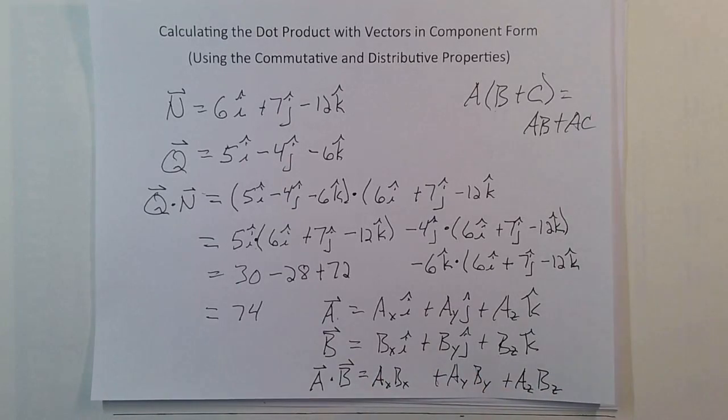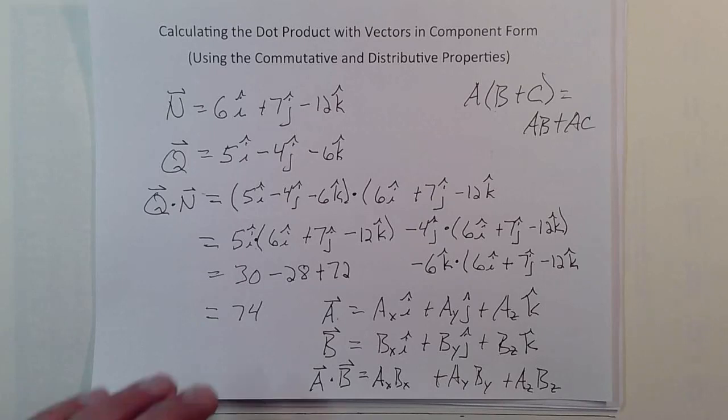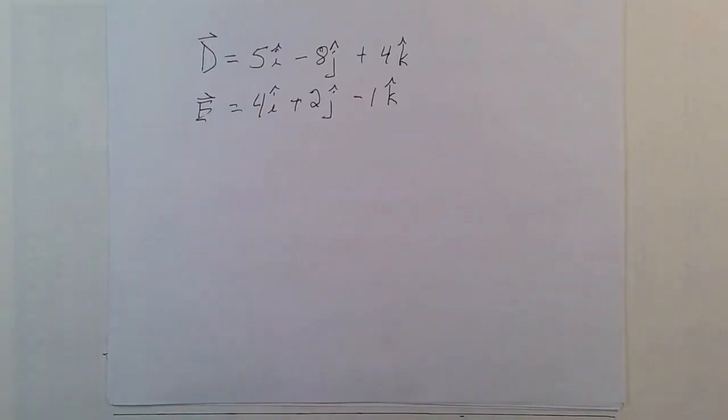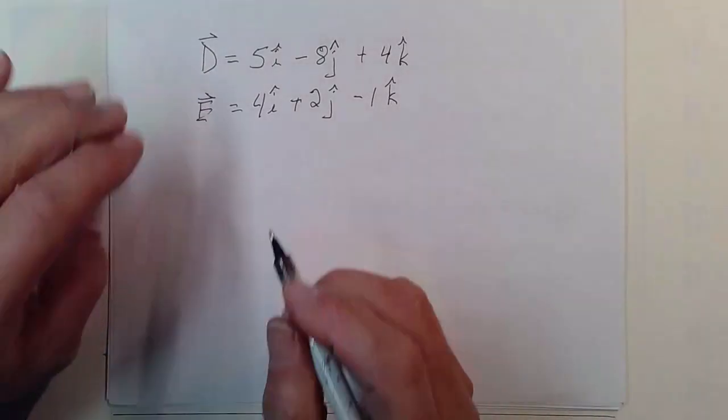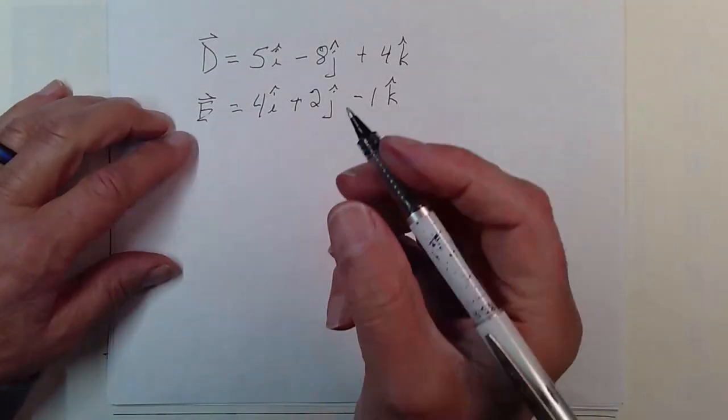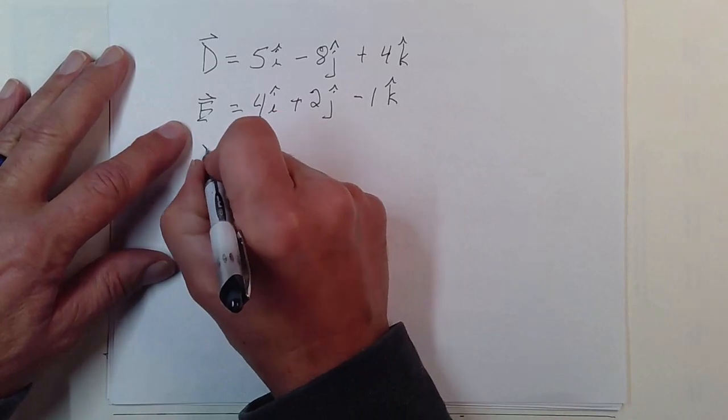And so that makes it kind of easy to do almost in your head. Well, at least when they're integers. You can do the dot product in your head. And so you can come up with these things fairly simply. Okay, here are a couple of vectors, D and E. Let's calculate the dot product according to that thing we just did.